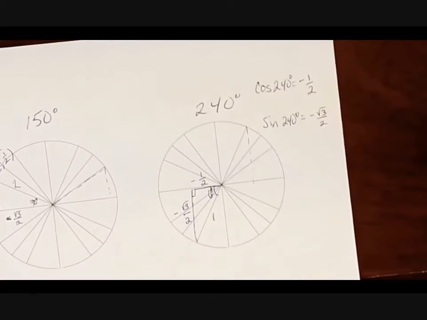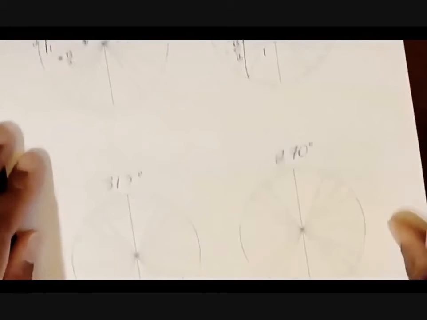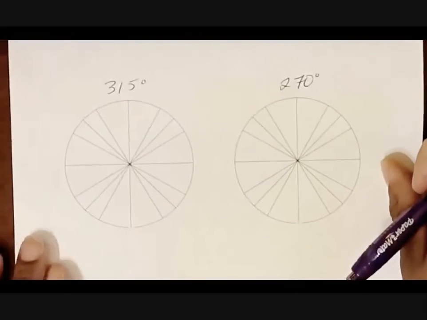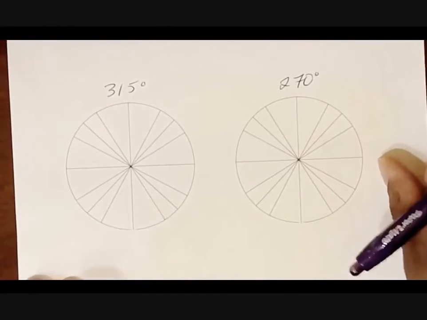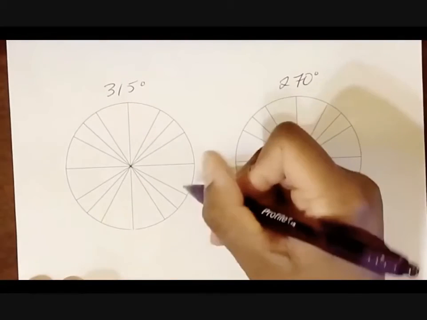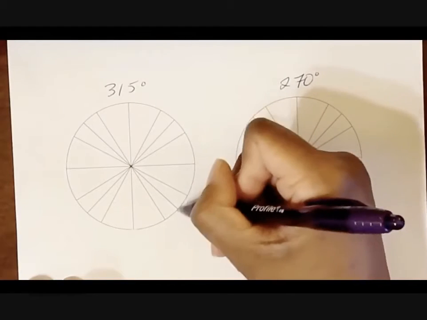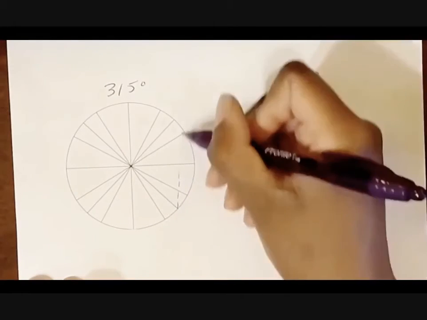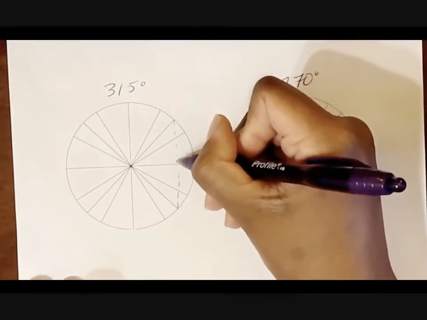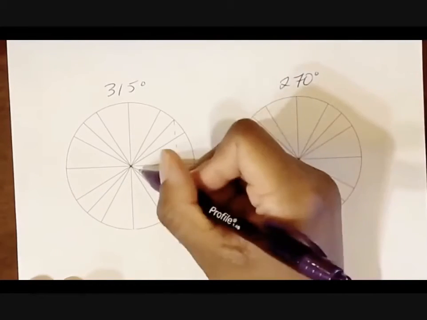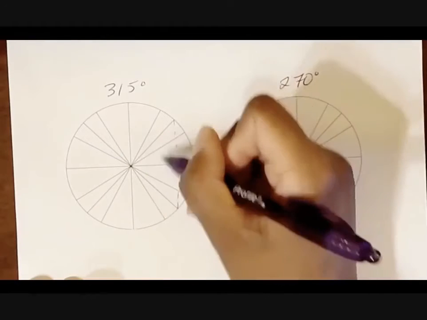So now let's move on to the circle that is 315 degrees. So for this particular angle, the reference angle is 45 degrees.